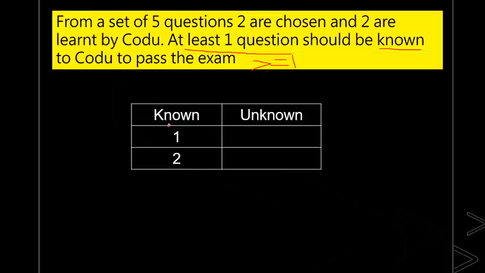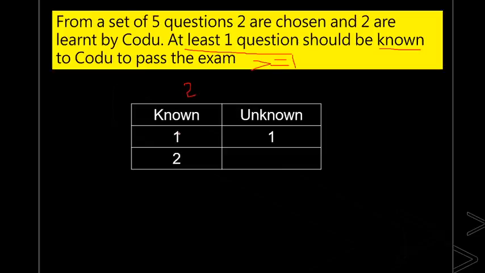There is a chance that you will know only one question to pass. I'm not speaking about failing the exam. To pass the exam, there is a chance that you will know only one question, or there is a chance that you will know both the questions. The question paper contains 2 questions.